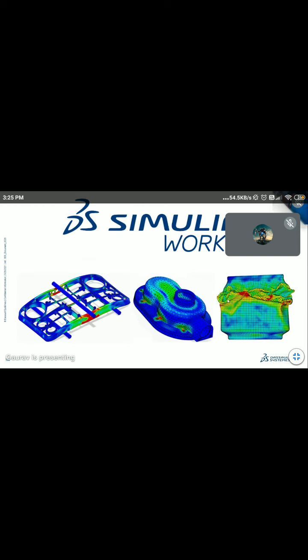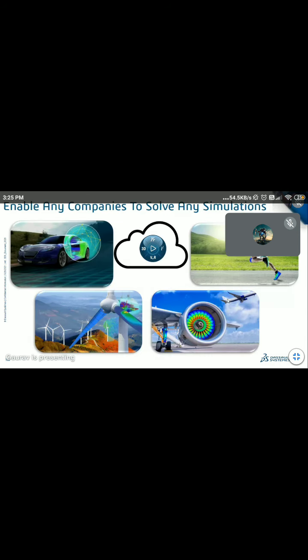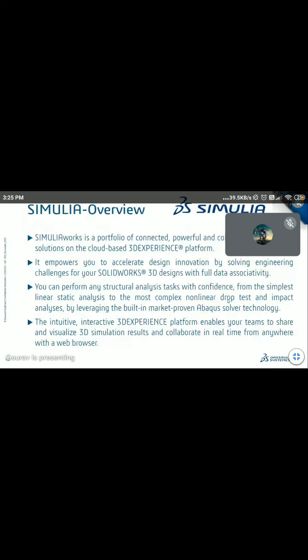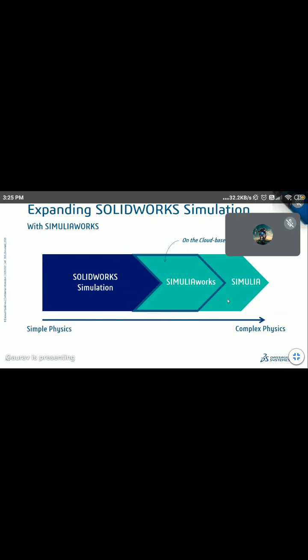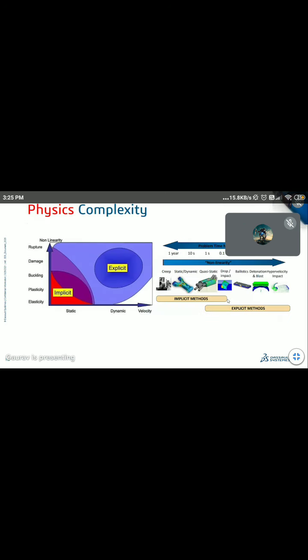And if I talk about the simulation part, one of the domains is simulation, right? So from simple SolidWorks Simulation to high-end simulation, we have created a cloud-based platform, right? With which you can perform complex physics, not only implicit but explicit analysis also.